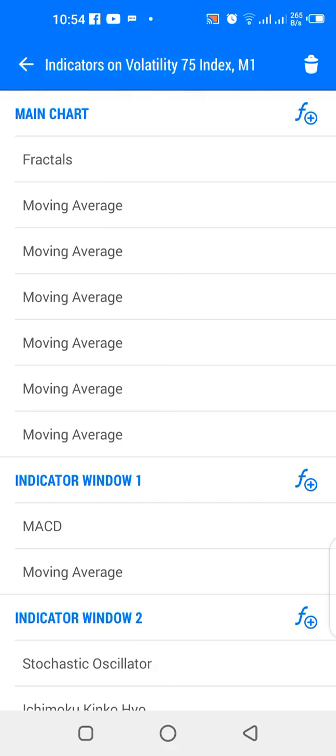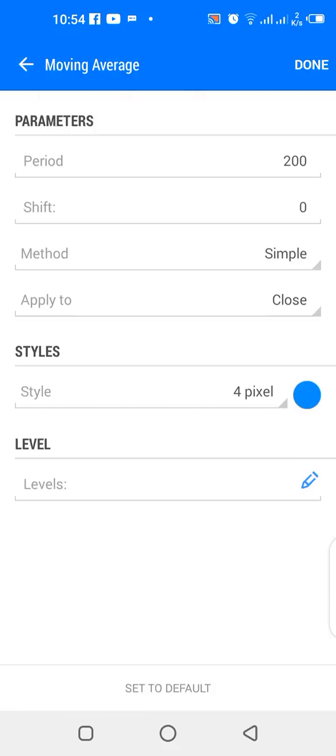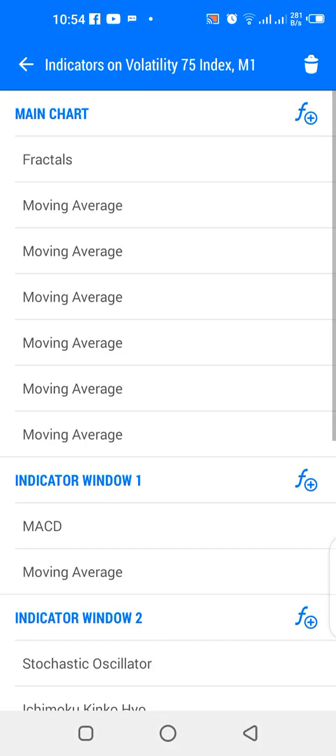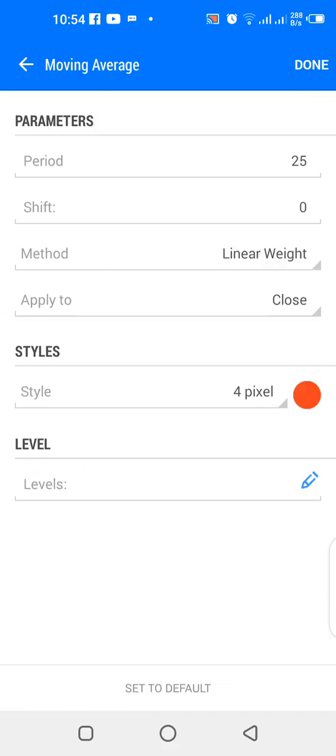And the third moving average, I have a 200 period simple moving average. The shift is 0. Apply to close, and the color is blue. And the fourth moving average, I have a 25 period linear weighted moving average.